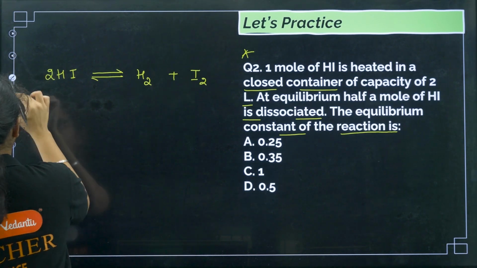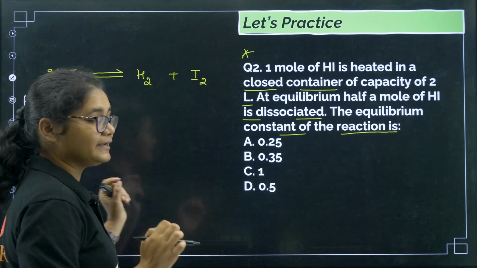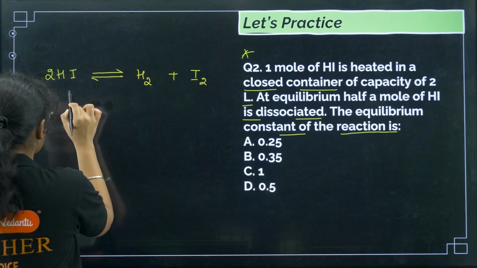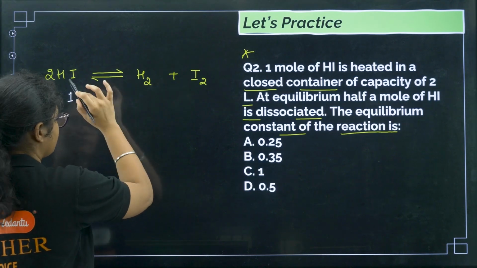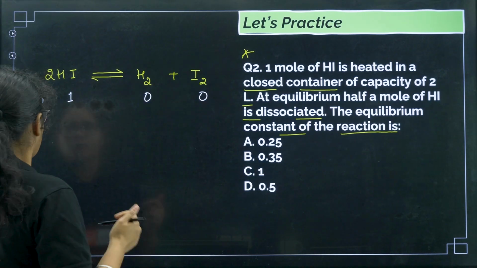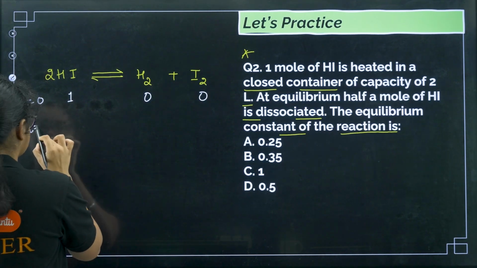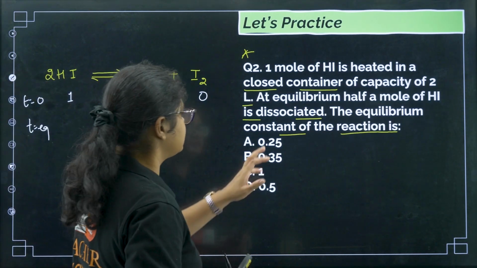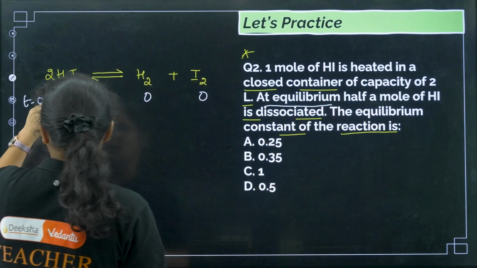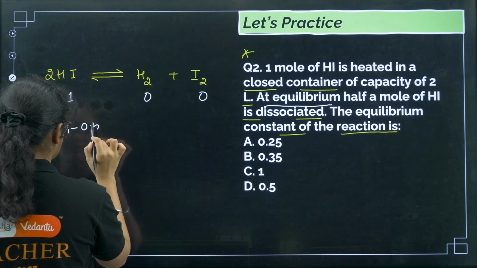Now when you started the reaction at time t equal to 0, how many moles of HI was there? 1 mole of HI was there. At that time when you just started the reaction, H2 and I2 will be 0, right? Now at equilibrium, the question says that half a mole of HI is dissociated. So 1 mole, half of it has dissociated, so 1 minus 0.5.